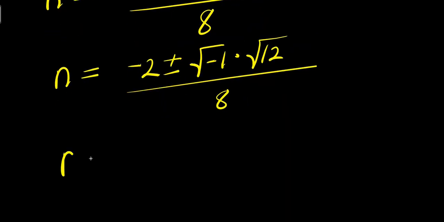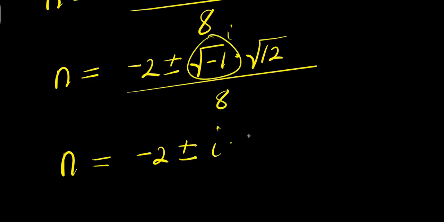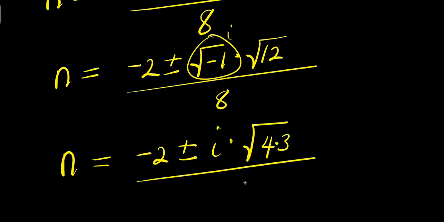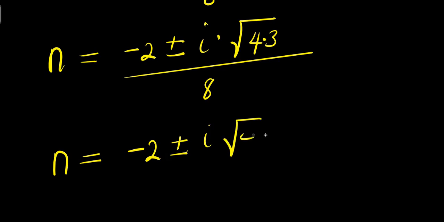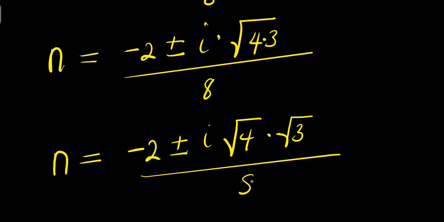So from here we have n equals negative 2 plus or minus square root of negative 1 times square root of 12, divided by 8. So we have n equals negative 2 plus or minus square root of negative 1, which is i, times square root of 12. We express it as 4 times 3, divided by 8. So from here, we have n equals negative 2 plus or minus i times square root of 4 times square root of 3, divided by 8.